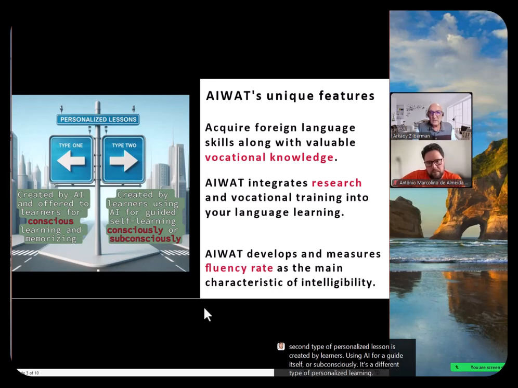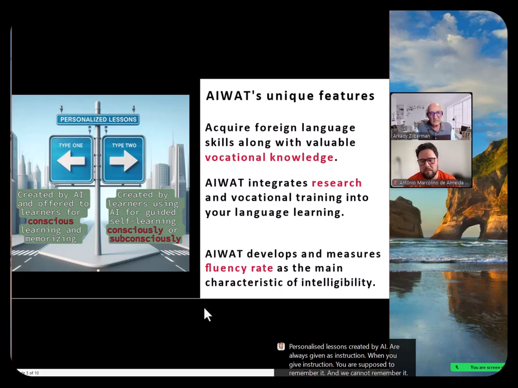There are millions of articles on personalized learning, and everybody talks about it, but it's inefficient, because personalized lessons created by AI are always given as instruction. When you give instruction, you are supposed to remember it, and we cannot remember it.